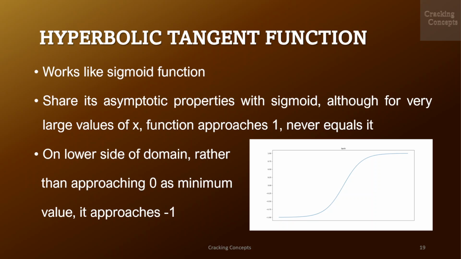It also shares its asymptotic properties with sigmoid. Although for very large values of x, the function approaches 1, it never actually equals it. On the lower side of the domain, however, we see a difference in the range. Rather than approaching 0 as minimum value, it approaches minus 1.